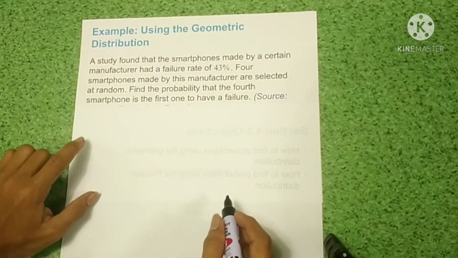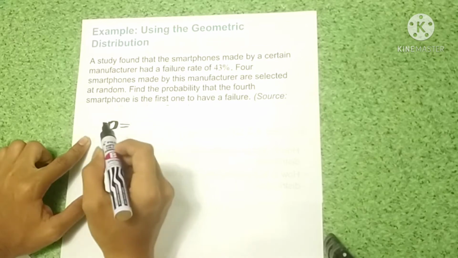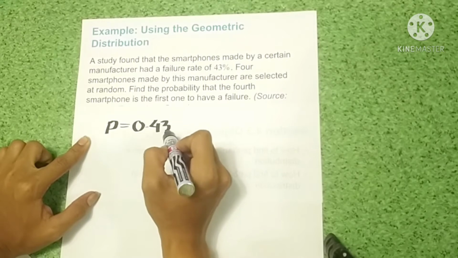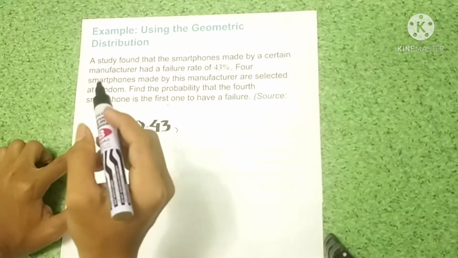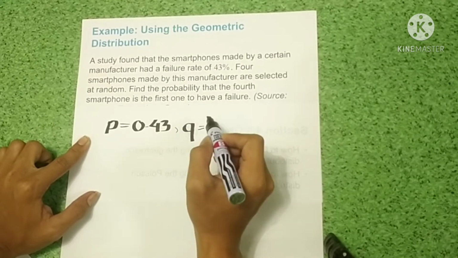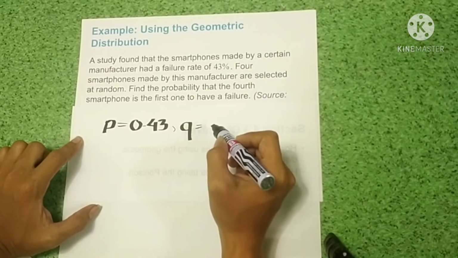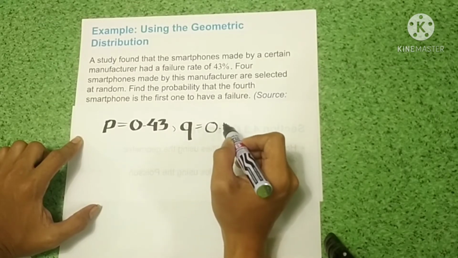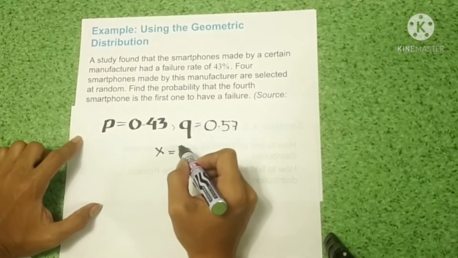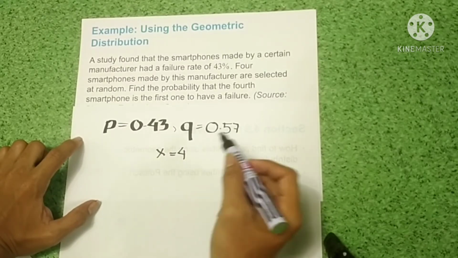So the solution is, given the value of P is equal to 0.43, and the value for Q is equal to 0.57, and then x is equal to 4, because we're trying to find the fourth smartphone.